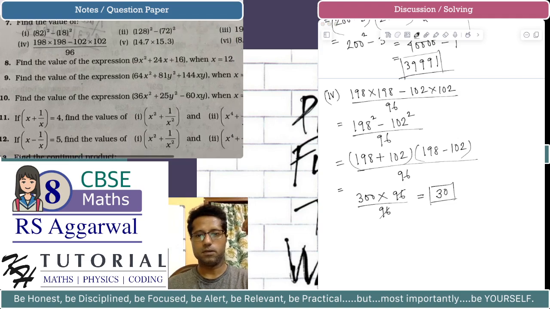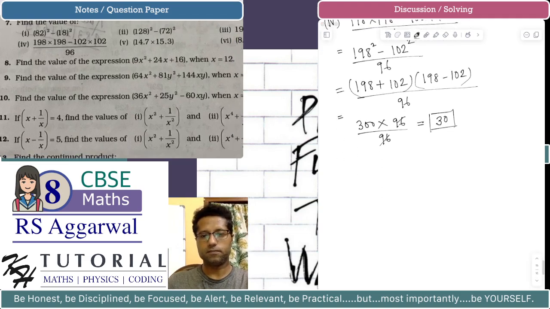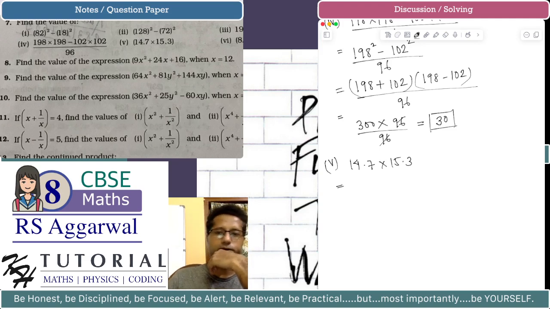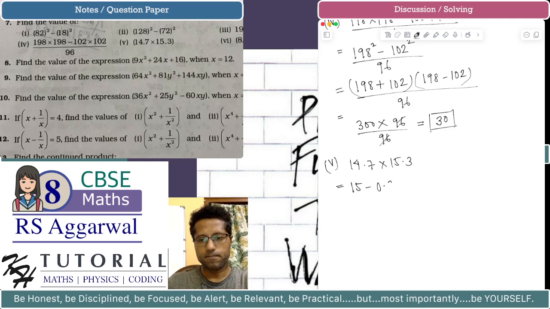Okay, let's do part 5. It is 14.7 multiplied by 15.3. Now 14.7 is 15 minus 0.3 and 15.3 is 15 plus 0.3.